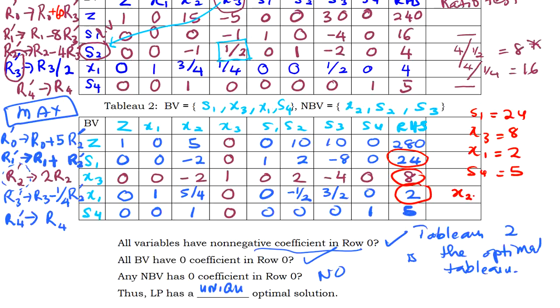So here X2, S2, S3 equals to 0 because NBV, the value is always 0. And then from this Tableau also we get Z value is 280. Z equals to 280. Or you can also substitute these values, the BV values into the objective function to calculate the Z value.